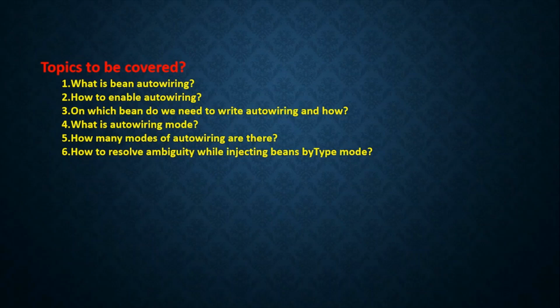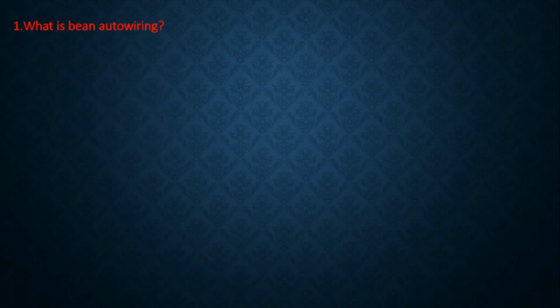What do we mean by auto-wiring? Auto-wiring is the process of injecting the dependent object into the target object. We write the dependent bean definitions and the target bean definition inside the application context xml file. There we write the value tag and the ref tag. While injecting a primitive type, we write the value tag.